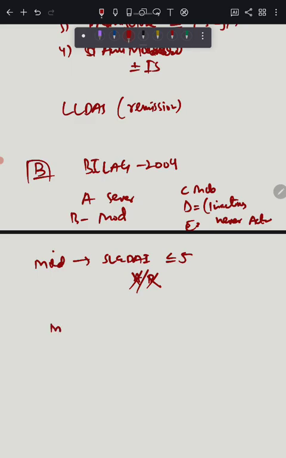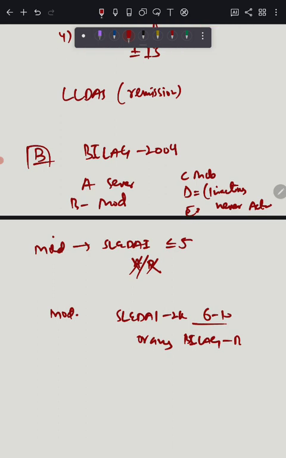But in moderate, SLEDAI 2K will be 6 to 10, or any BILAG B, that is moderate. Also in that we can see serositis, moderate cytopenias, and moderate skin joint involvement.